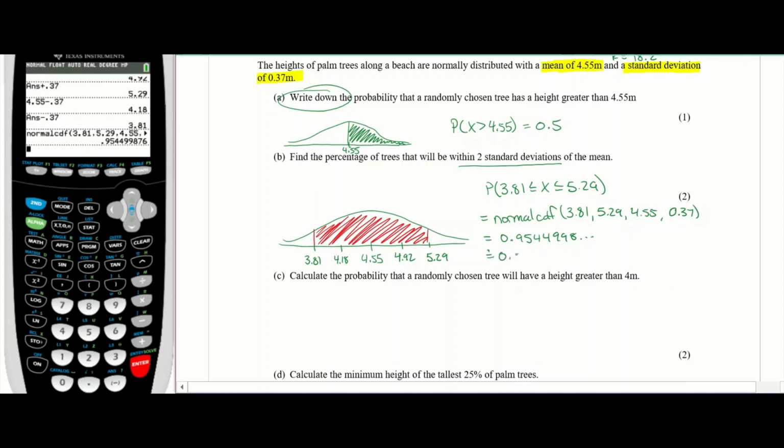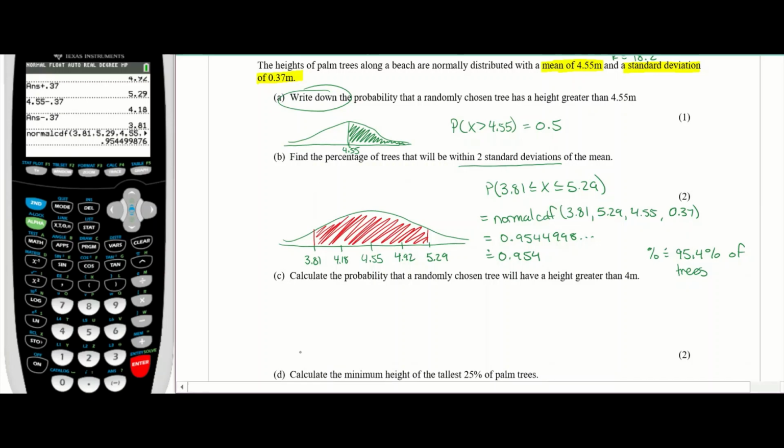Remember, this was asking for a percentage, so the percentage is just going to be the probability times 100. 0.954 times 100 is approximately 95.4% of trees will be within 2 standard deviations of the mean. In that one, we're still using the normal CDF, but we had to figure out our own cutoff values before using it, based on the information given in the question.